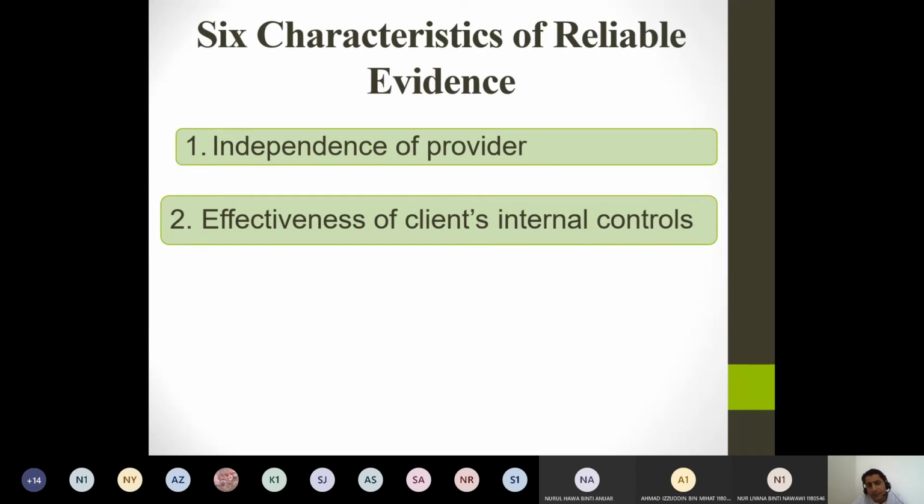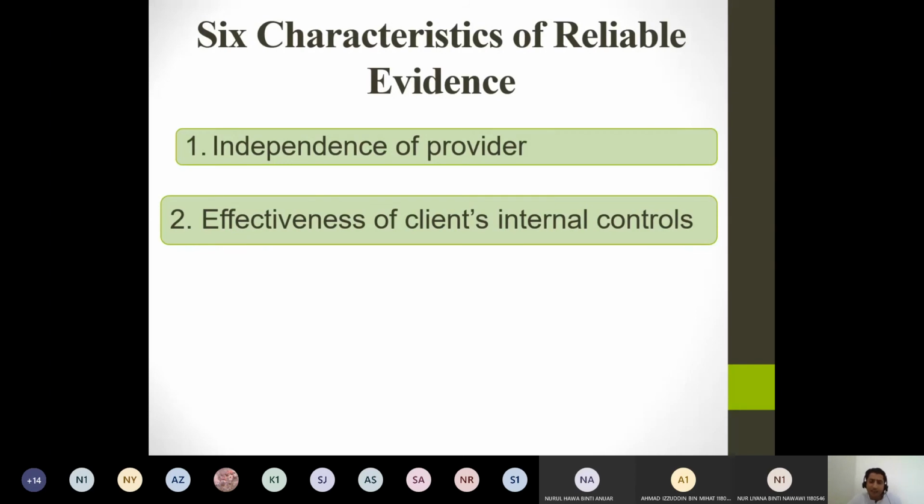However, let's say the company is using pre-numbered invoices, and they use computer-generated invoices through the accounting software. So it is more reliable, since they are using internal control in terms of documentation and so on.